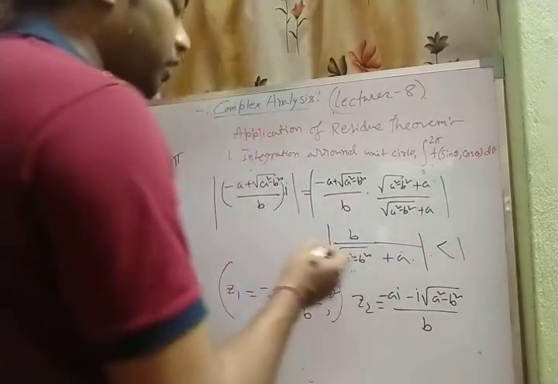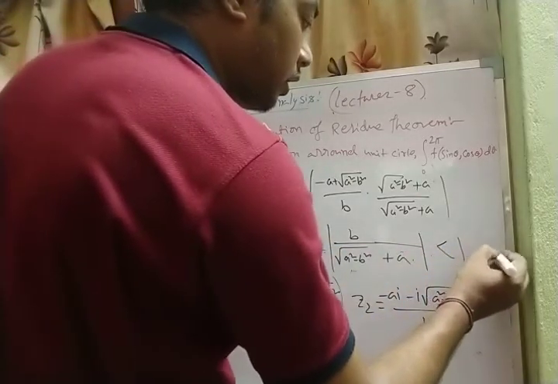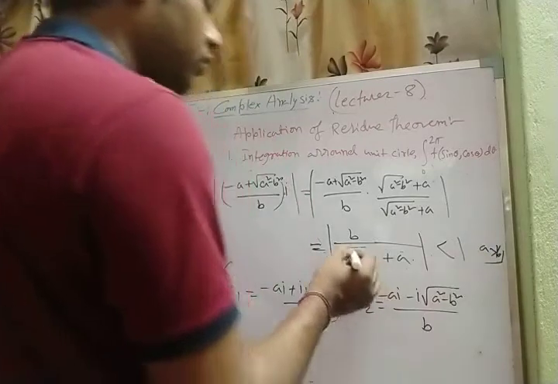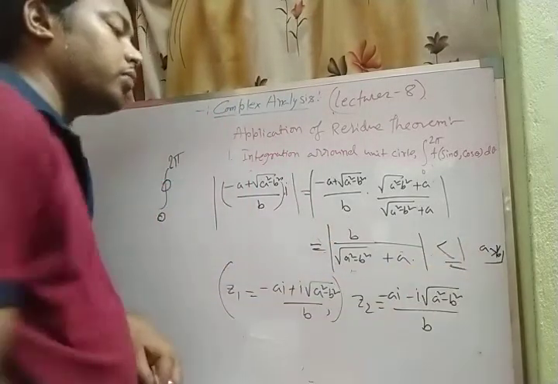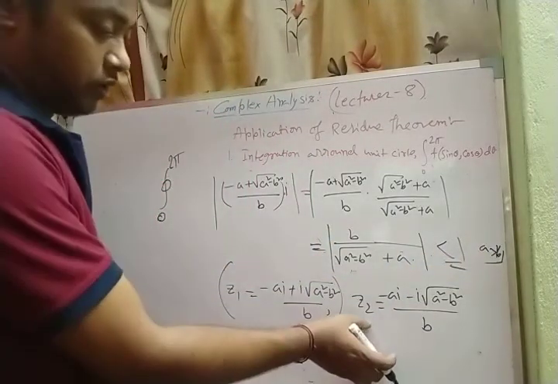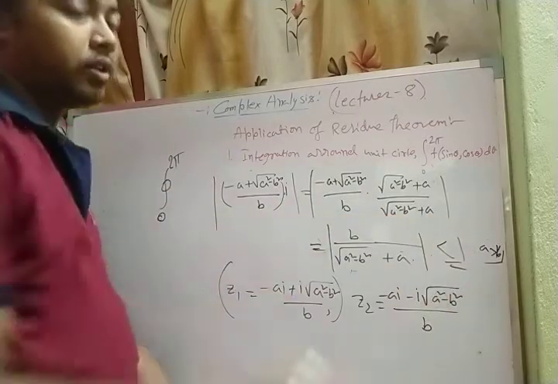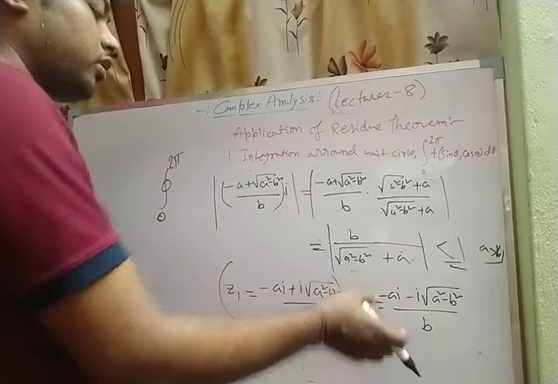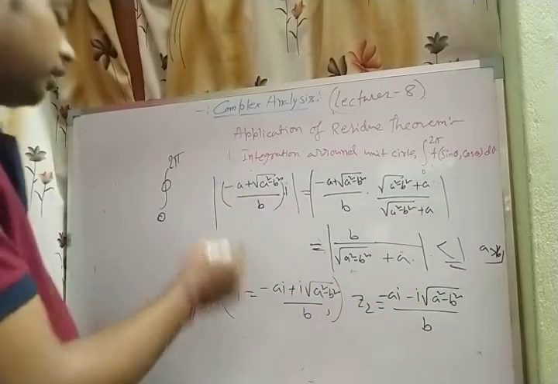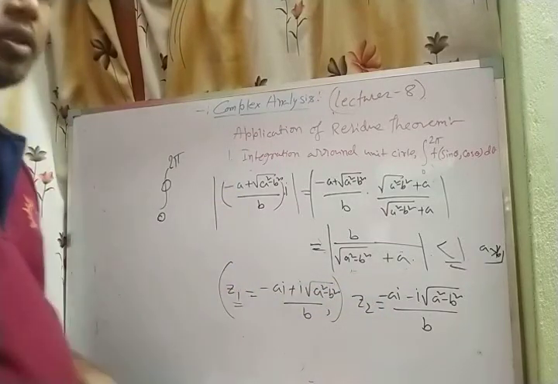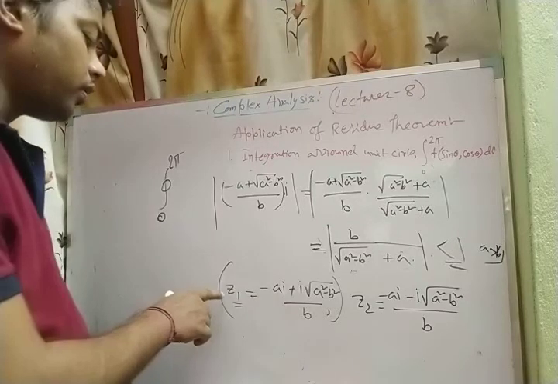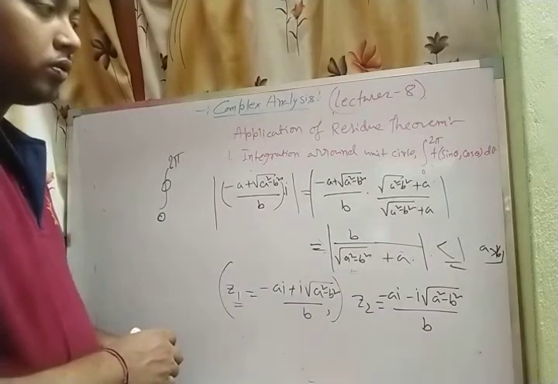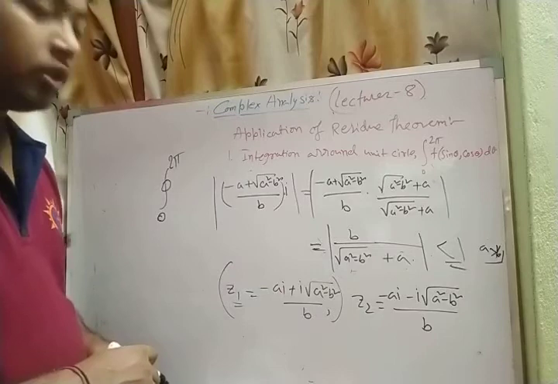Because a is greater than the modulus of b, so this term will be less than 1, and for the other point it will be greater than 1. So we are not considering the z2 point, we are considering only the point z1, and we have to find the residue at z1 to calculate the integration.